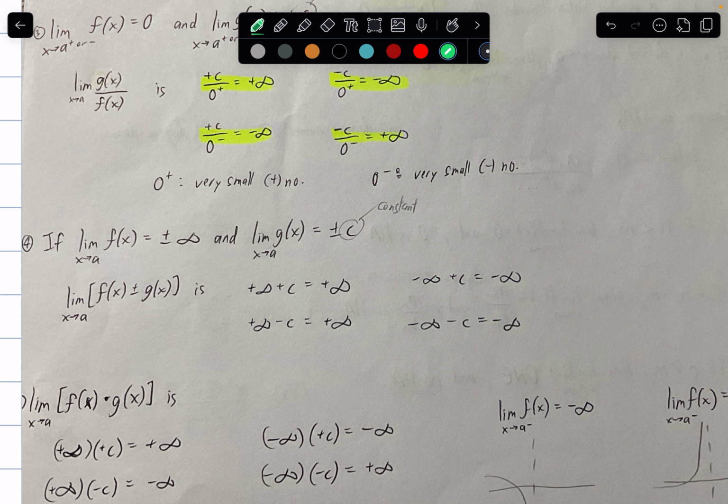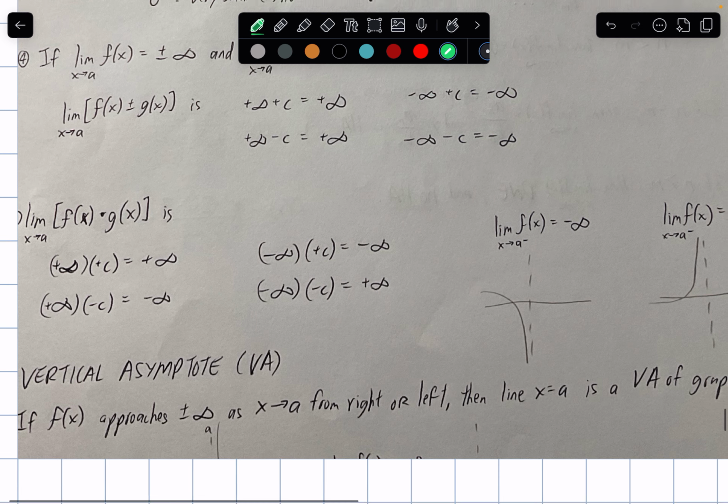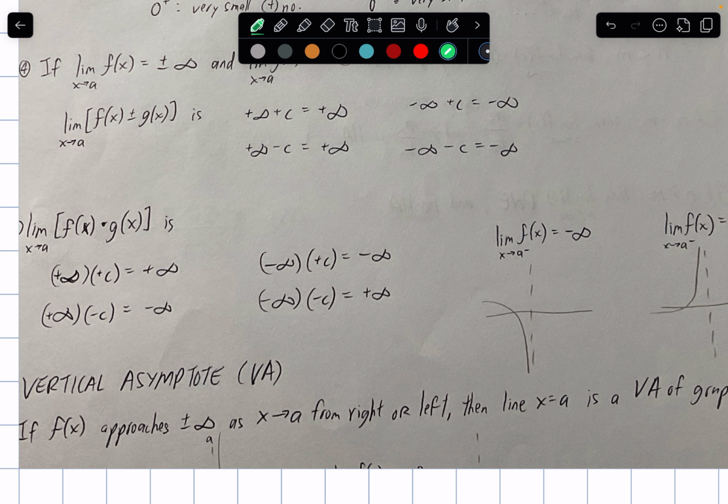That doesn't change anything, so it's still positive infinity. In a similar idea, if we have a negative infinity and a positive constant, we'll obviously get a negative infinity. And if we have both a negative infinity and a negative constant, that's going to be the same thing, negative infinity.